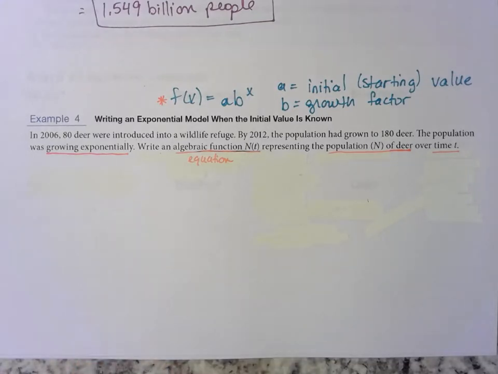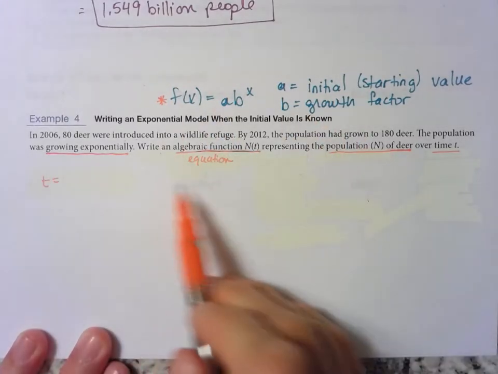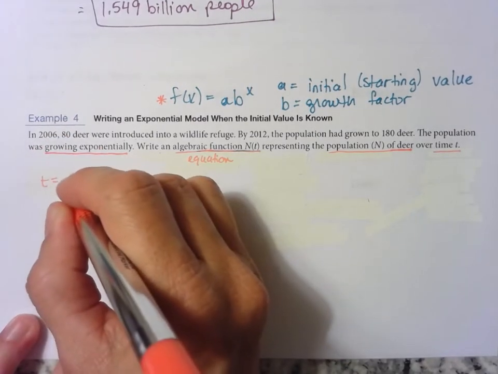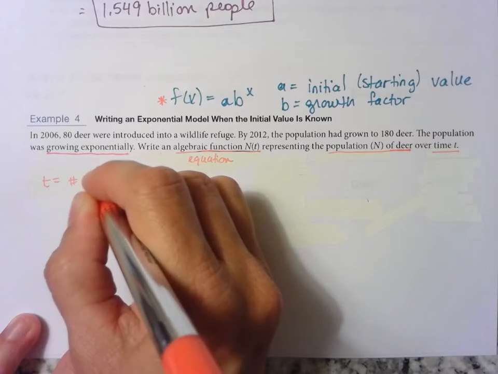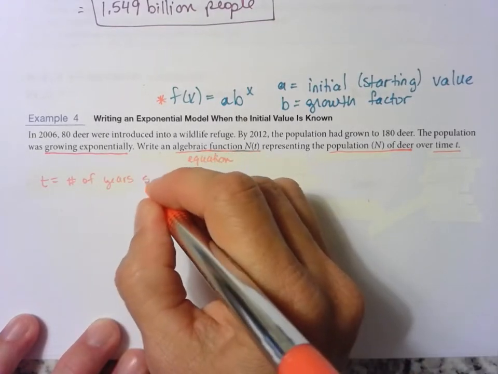We need to somehow define T though. Since this whole situation started in 06, why don't we let T be the number of years since 2006?